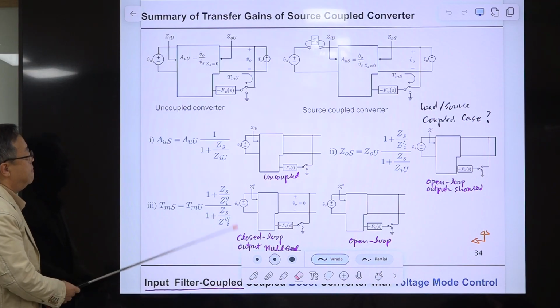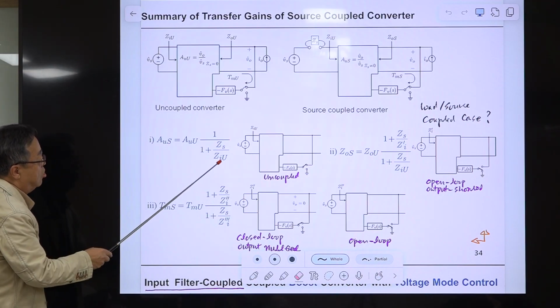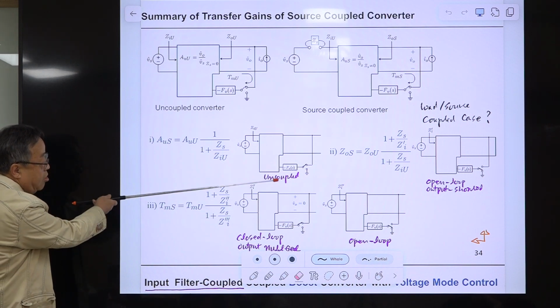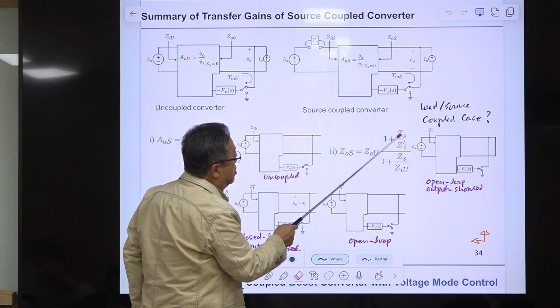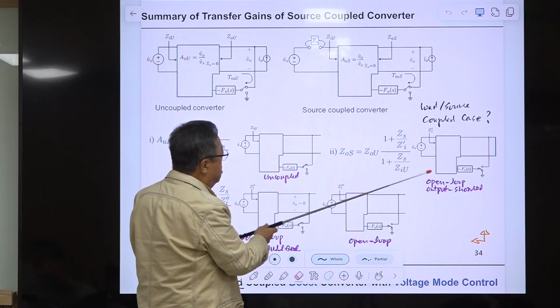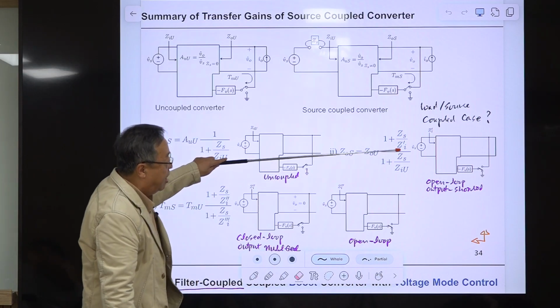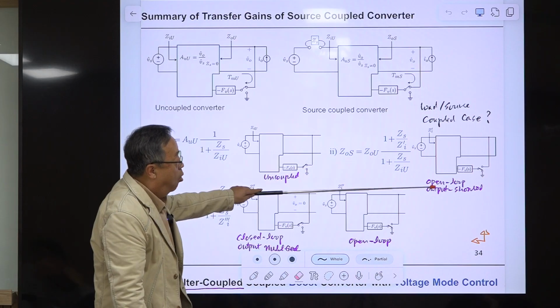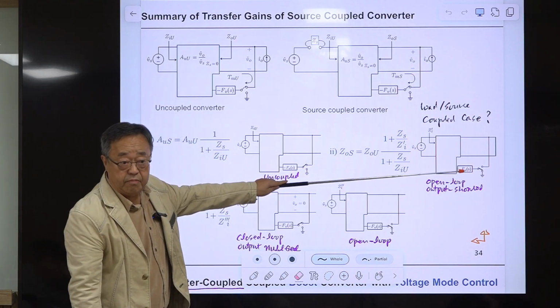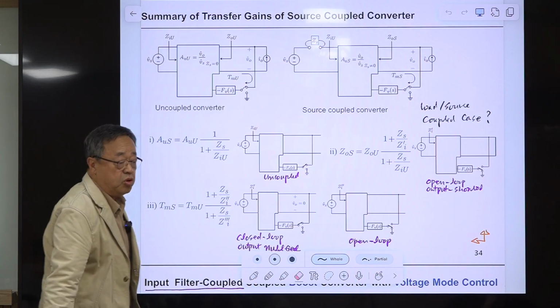This term contains the input impedance of the uncoupled converter, GIU, and GI prime is the open loop output shorted input impedance of the converter. So it is very easy to evaluate.